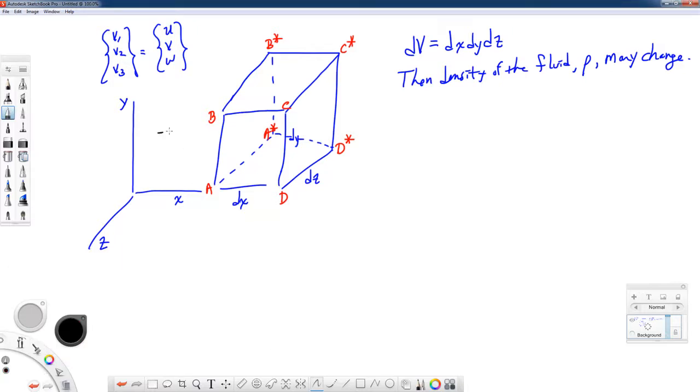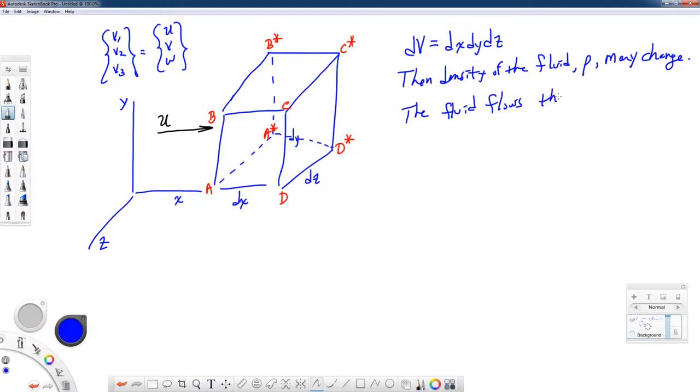And we have a fluid that's flowing. Let's just look at the x direction with the velocity component u that's flowing in that direction.